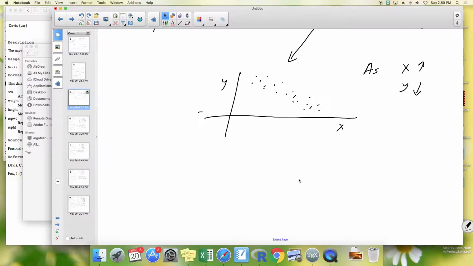A terminology we just learned: direction. The next terminology is strength.